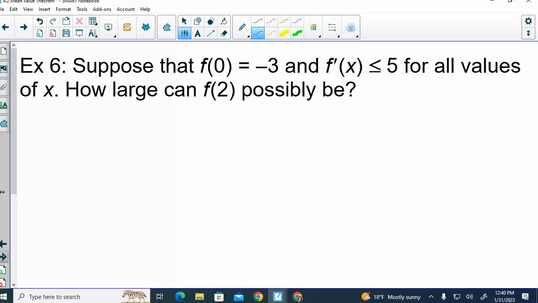Alright, so let's look at this one. Suppose f of 0 equals negative 3, and f prime of x is always less than or equal to 5 for all values of x. How large can f of 2 possibly be?